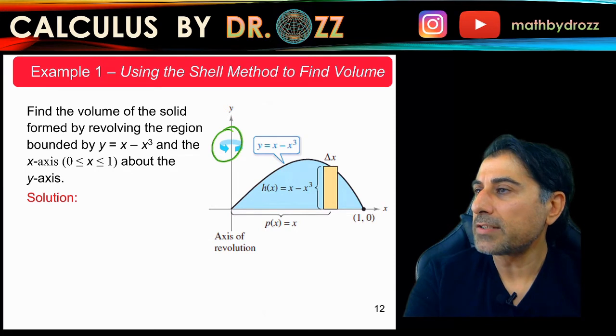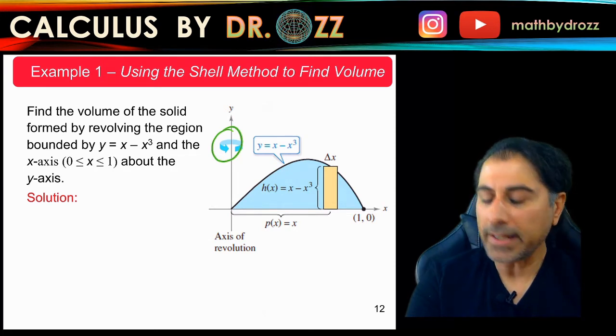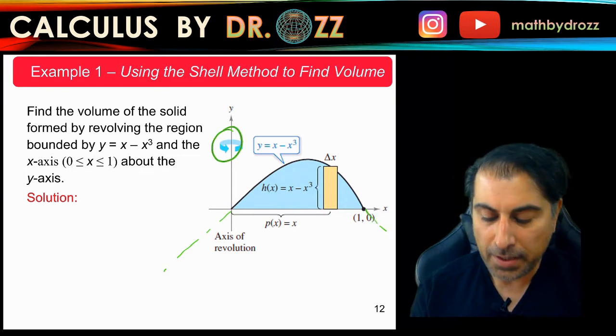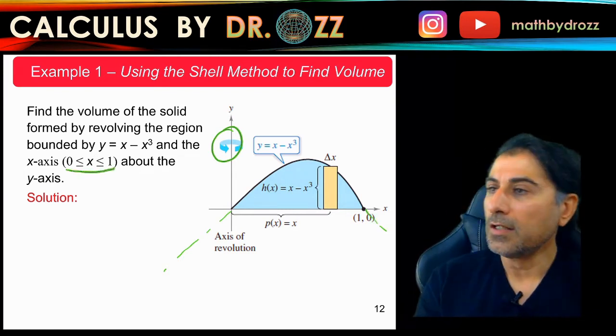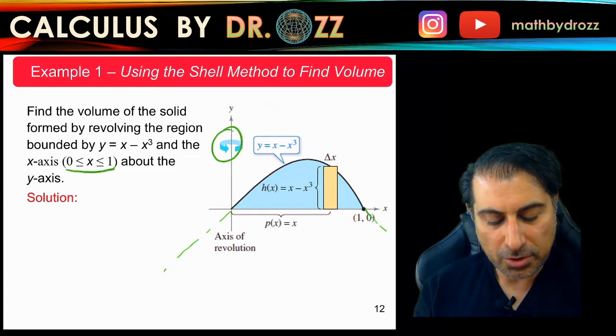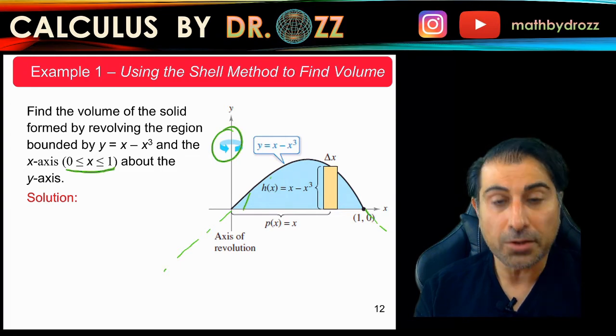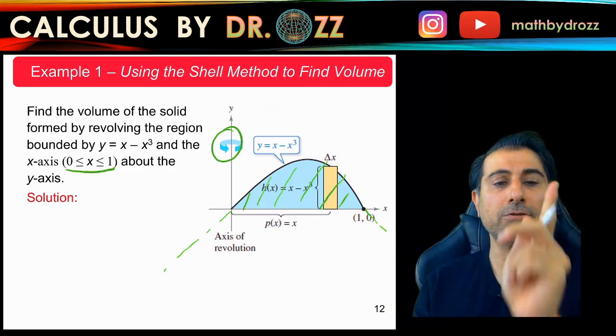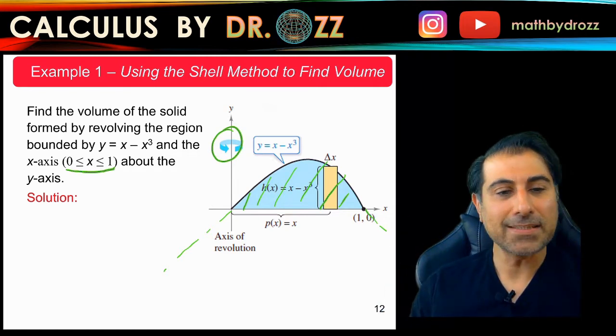If you graph x minus x cubed together with the x-axis, obviously this goes on and on, but I'm interested in the portion of the x-axis between 0 and 1. So essentially we're talking about this region, and this region is going to be revolved around the y-axis.